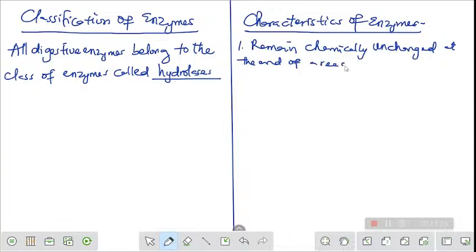So what do I mean by they are specific in action? If you have one or more enzymes, they are just like division of labor, they will act on specific substrates.